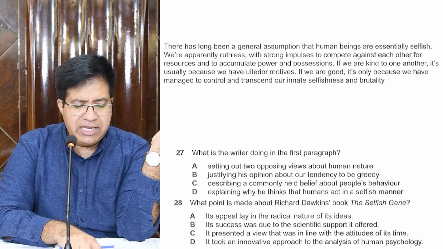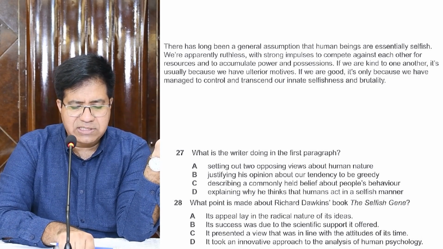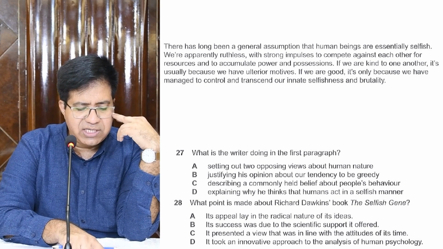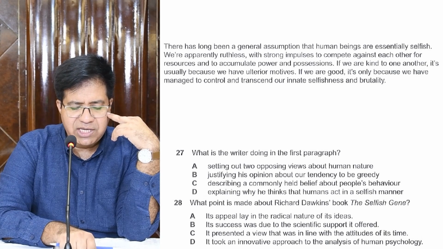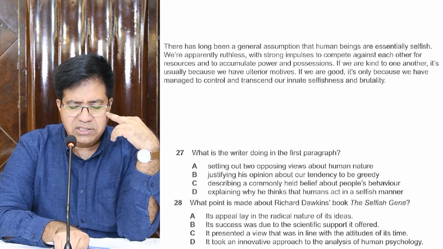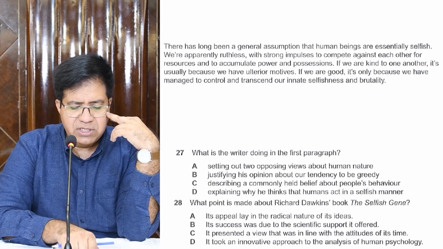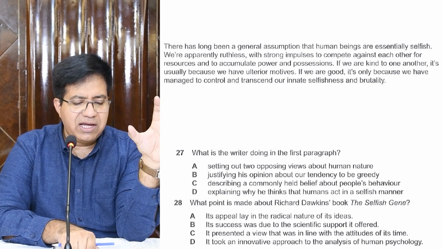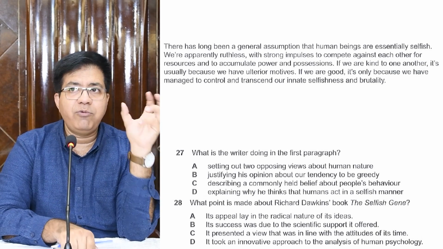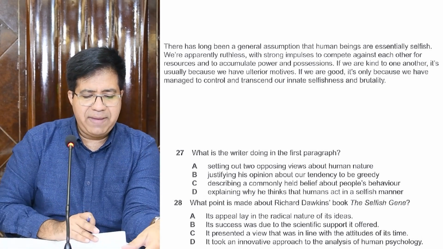We are apparently ruthless with strong impulses to compete against each other for resources and to accumulate power and possessions. If we are kind to one another, it's usually because we have ulterior motives and all that. So he is giving us a general assumption about human beings. Now, please come back.